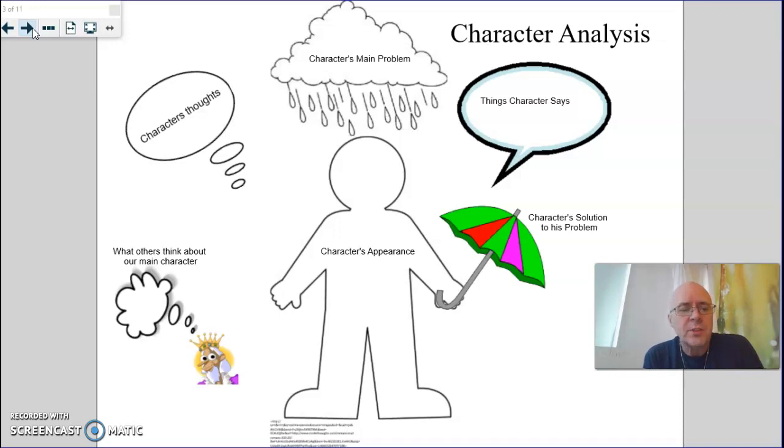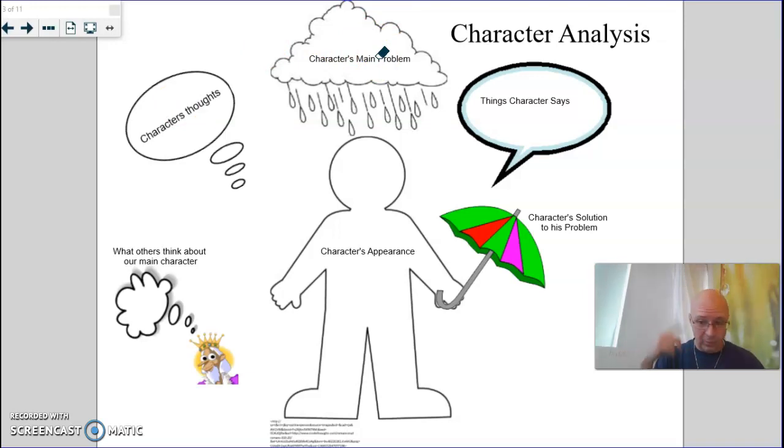But before we get into our story, let's talk about some things that we can think about when we think about characters. Kindergarten and first grade, you guys are going to be asked questions like, what does the character look like? And the older kids will be thinking about what the character's thinking, what the character does, and the main problem in the story.